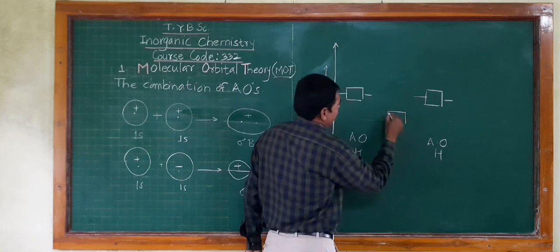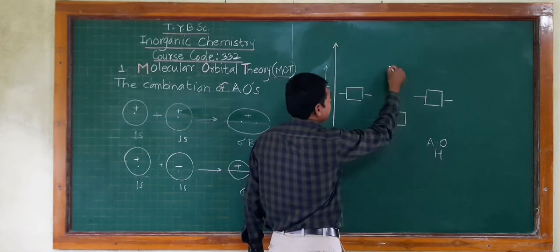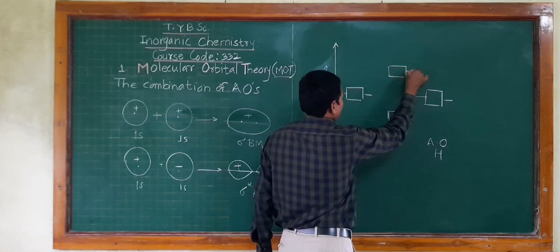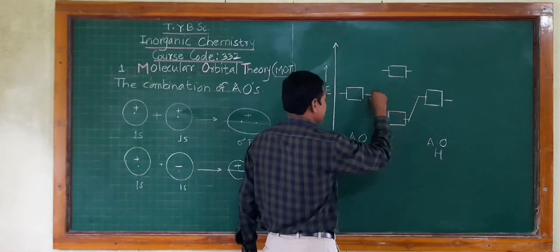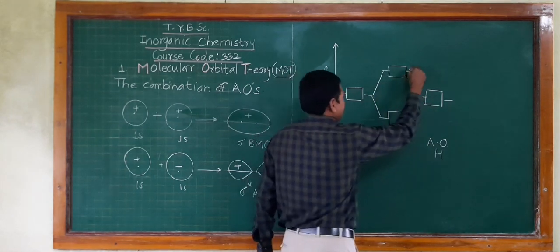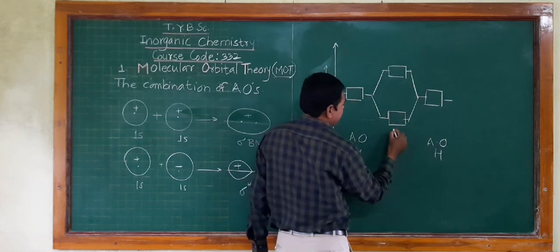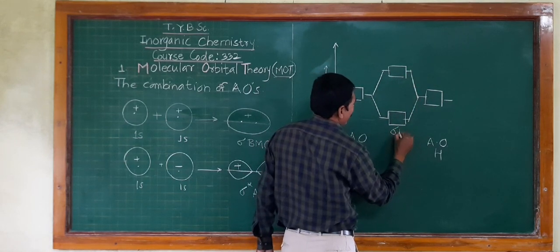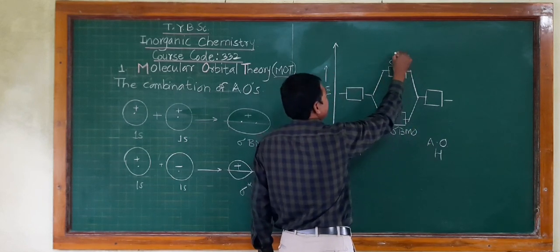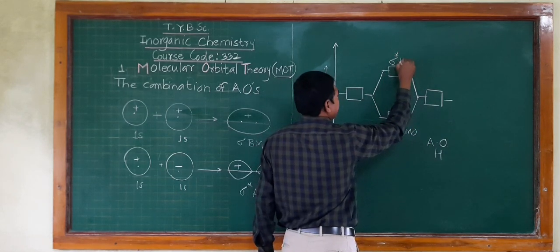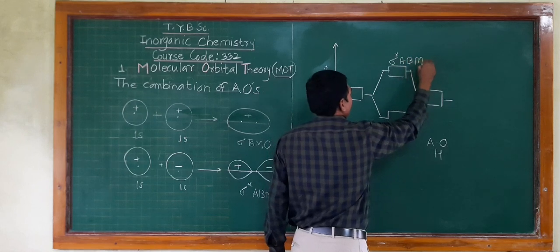The atomic orbitals combine to form molecular orbitals like this. This is the sigma bonding molecular orbital, and this is the sigma star anti-bonding molecular orbital.